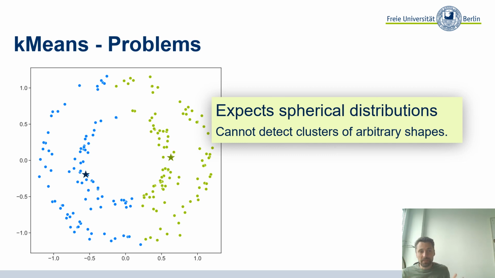We implicitly expect them to be close to a spherical shape. So this is a common example. Let's think of two ring-like clusters, and one is contained in the other. K-means won't be able to detect these.